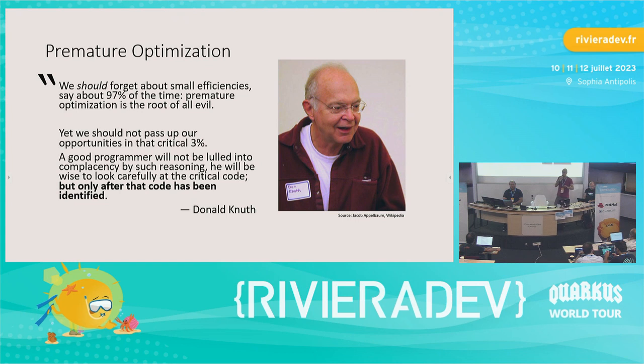What it means is a way different kind of statement compared to the usual common quote that premature optimization is the root of all evil. It tells you more. It tells you that you shouldn't pass up your chances to improve things in the critical path. But how do you know about the critical path? Could be with money, but we are talking about software. You should measure, you should look at it and compare with the part that gets the money from your customer, okay?